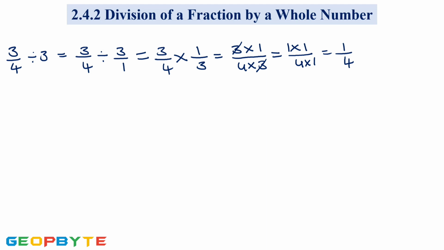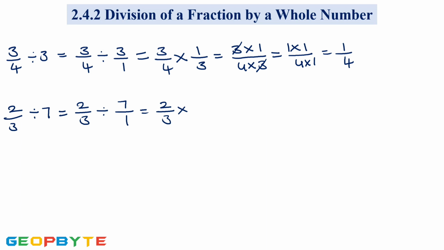Next, let us consider one more example. 2 by 3 divided by 7. 2 by 3 is a fractional part and 7 is a whole number. So 2 by 3 divided by 7 by 1 equals 2 by 3 into the reciprocal of 7 by 1.